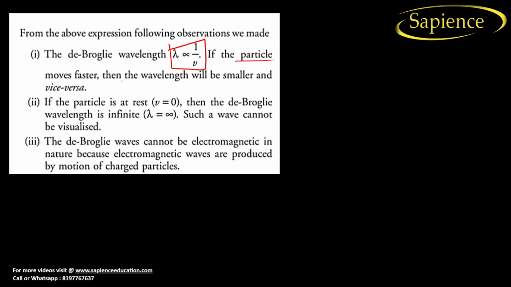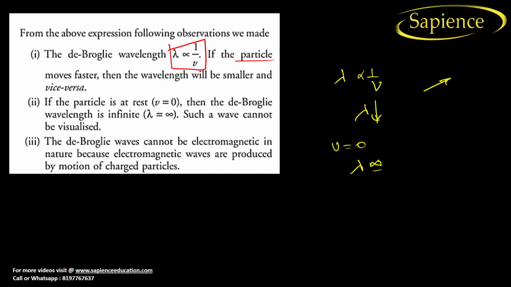So if it moves faster, the wavelength will be smaller. If it moves very fast, what will happen? Lambda will decrease. Now if the particle is at rest, that is velocity is equal to 0, then lambda is equal to infinity.